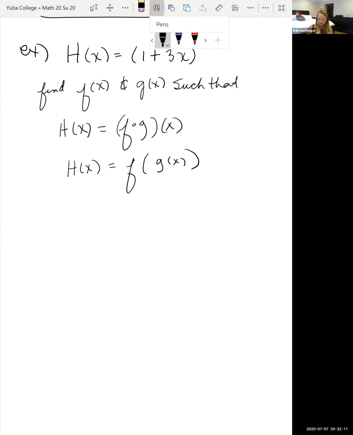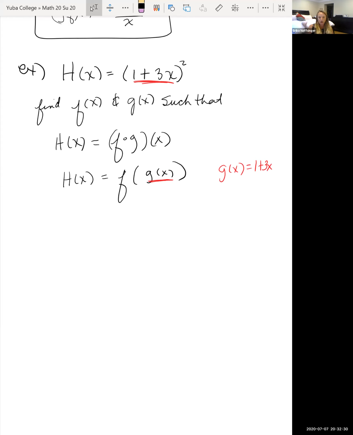And so if we choose g of x to be this 1 plus 3x, basically we can now figure out what f of x is. Well, f of x has to be, where if we see this 1 plus 3x, we need an x there.